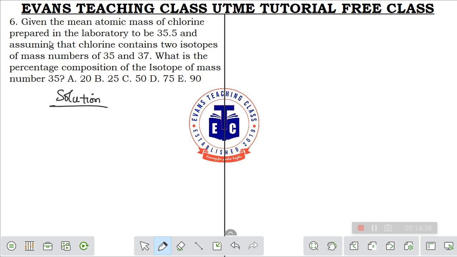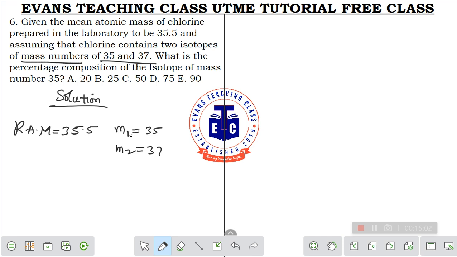So they said, given the mean atomic mass of fluorine prepared in the laboratory to be 35.5, so that's our relative atomic mass or mean atomic mass, anything they call it, that's our 35.5. They now said, assuming that fluorine contains 2 isotopes, the first mass number is 35, the second mass number is 37.